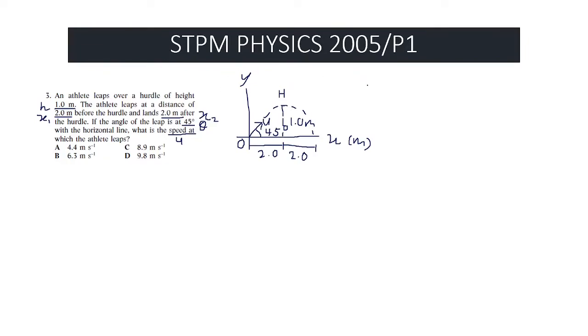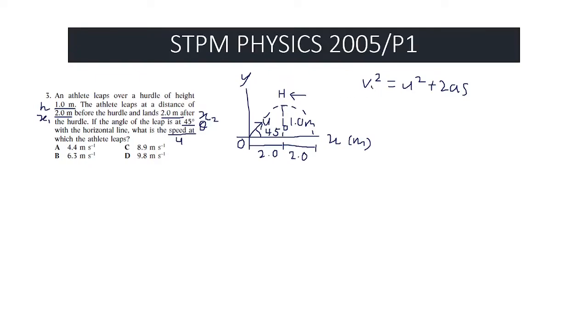Now we can start to solve this question using the formula v squared equals u squared plus 2as. In this case we want to solve using H, so this is the y component.